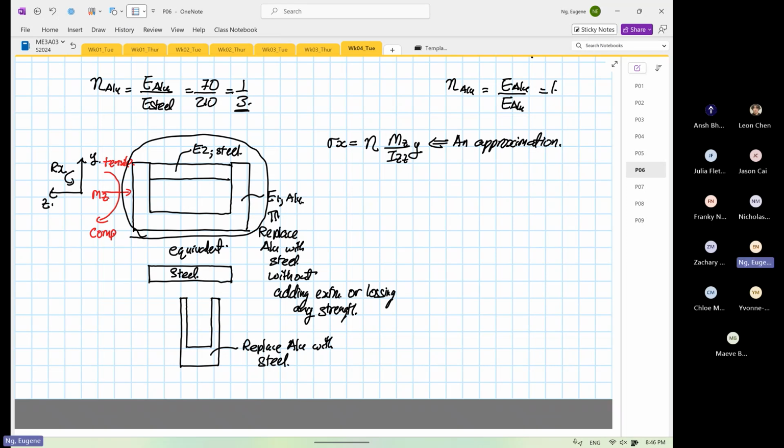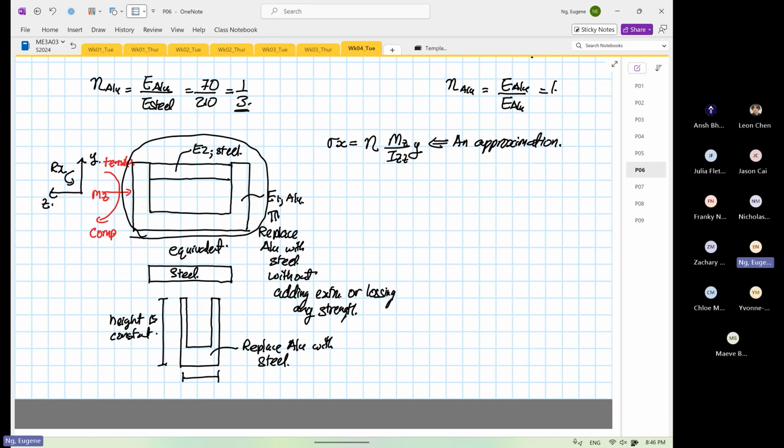So this is very obvious. If your structure is made of aluminum and you want to replace it with steel, you can make it smaller in terms of geometry. But take note, the height is constant.